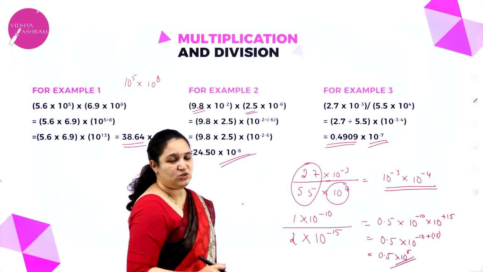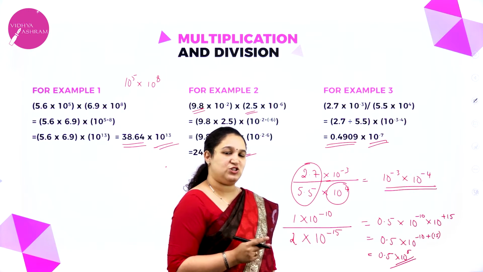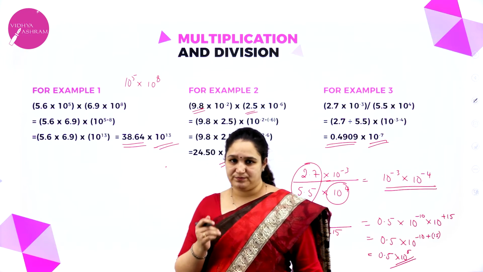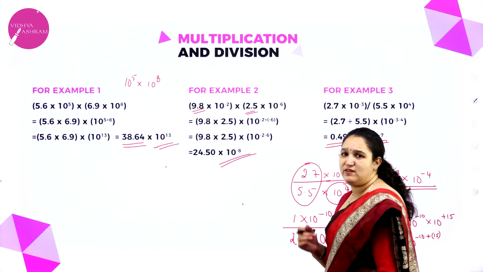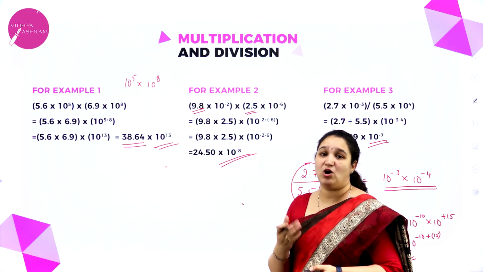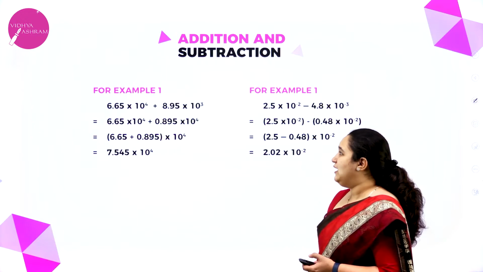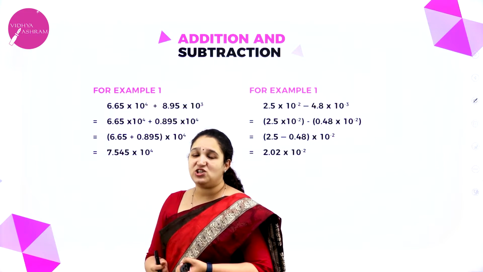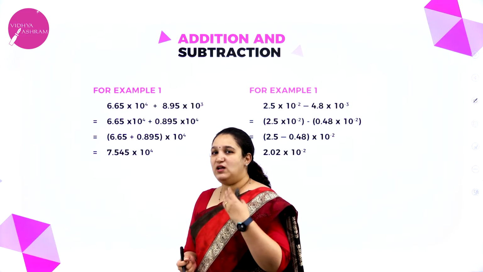I hope you have understood about the multiplication and division. Okay, so that is about multiplication and division of numbers which are in the form of scientific notation or which have exponents. Okay, next we learn about addition and subtraction. In addition and subtraction, there is a small change.